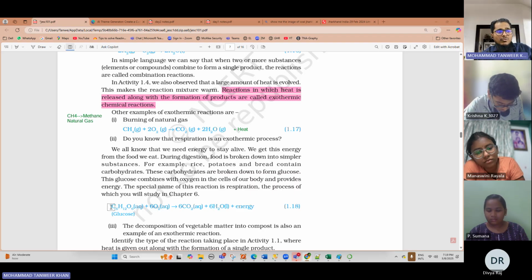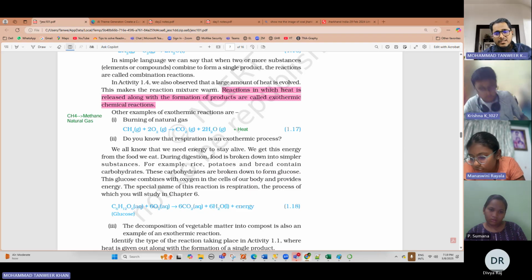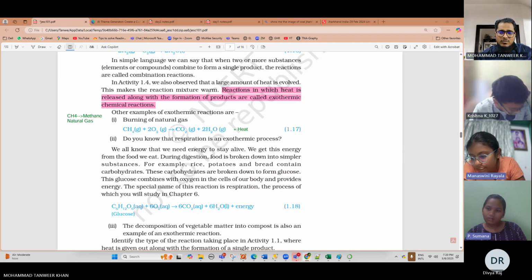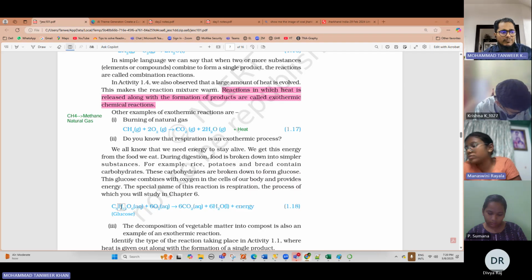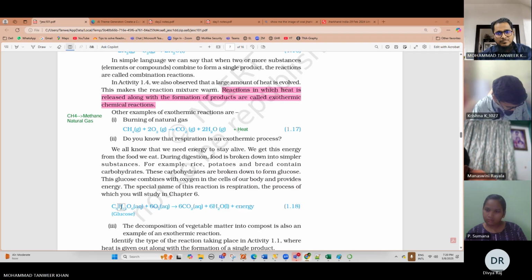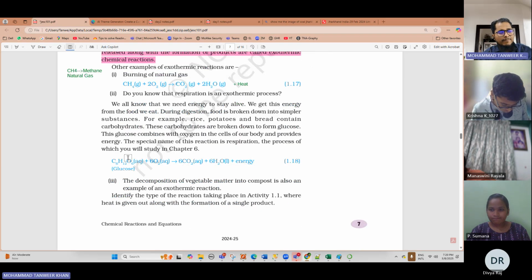This is the formula of glucose. What is the formula of glucose? C6H12O6. Yes, this is the formula of glucose. This is an example of the respiration reaction. Got it? Yes, sir.